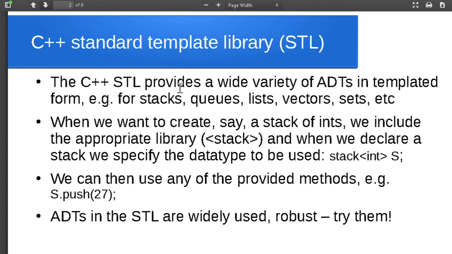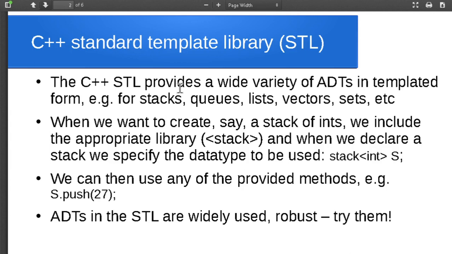There is actually a standard template library, usually referred to as the STL, for C++, that provides a huge variety of abstract data types in this templated form. So for stacks, queues, lists, vectors, sets, there's a ton of these available.